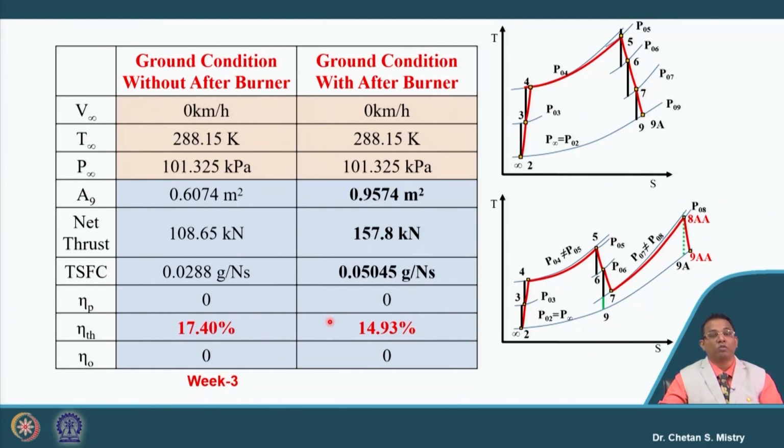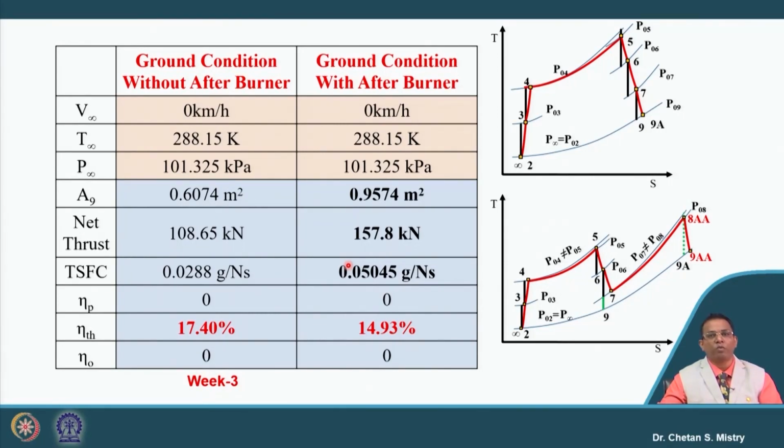Those who have not gone through it, just refer to week 3, the numerical for the 2-spool configuration, that too for our ground condition. If we compare, we will realize that with the operation of the afterburner, the exit area is coming to be higher. My net thrust is also increasing, and thrust specific fuel consumption is also increasing, but at the same time our thermal efficiency is going down, because more fuel has been consumed by our afterburner.